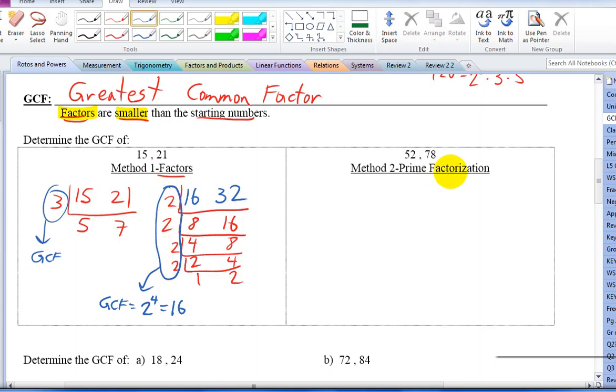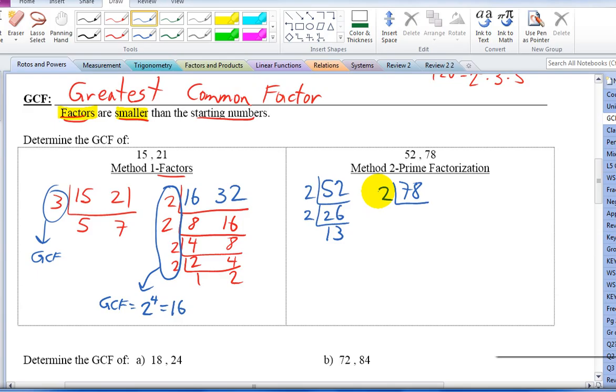Good. Now, we can also do prime factorization. So let's go 52, do them separately, divide by 2. And you're going to get 26. Divide by 2, you get 13. Okay. Do the same thing for 78.